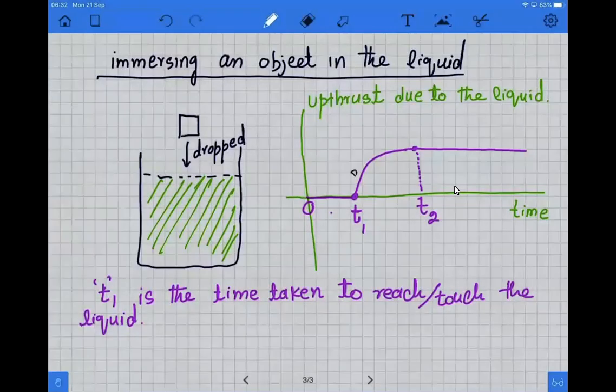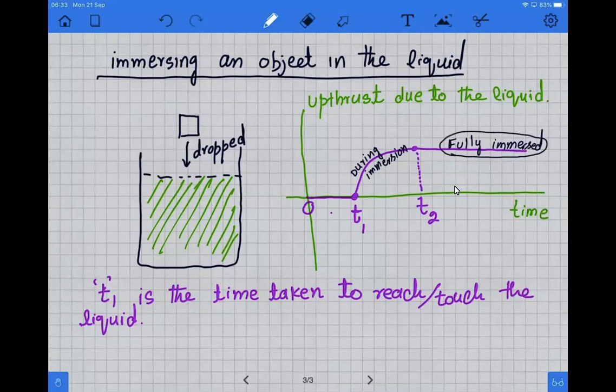This is during immersion, and when it is fully immersed, after that no further change in upthrust will occur.